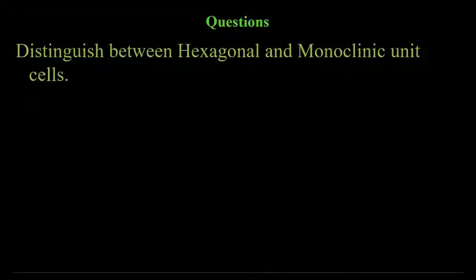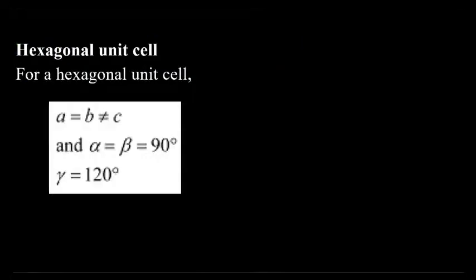Next question: distinguish between hexagonal and monoclinic unit cell. If you remember, I said that hexagonal and monoclinic are the most important ones. You will memorize all, right? The question can be from anywhere, but the chances of these two are higher. You just need to write the configuration, and if you want to draw, you can draw the rough diagram only. So for hexagonal, you know, A and B were equal because a regular hexagonal base was formed.